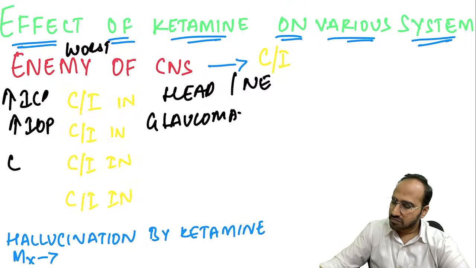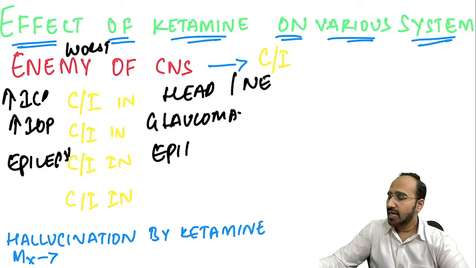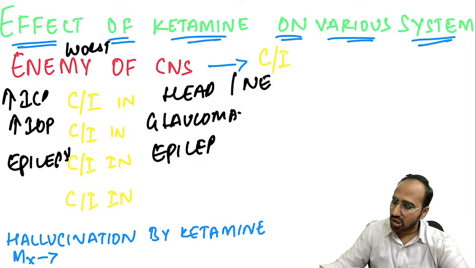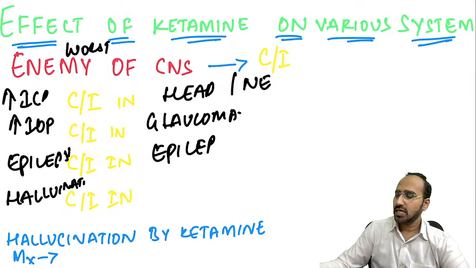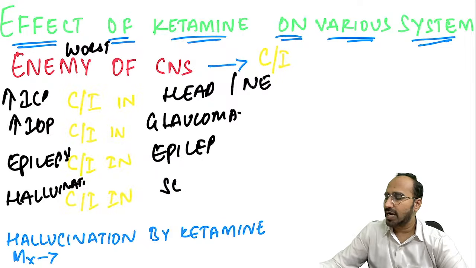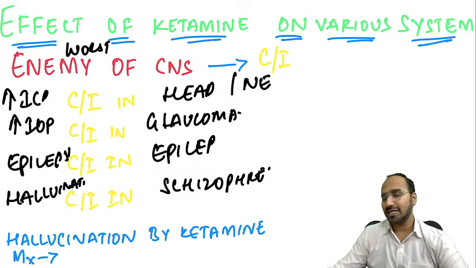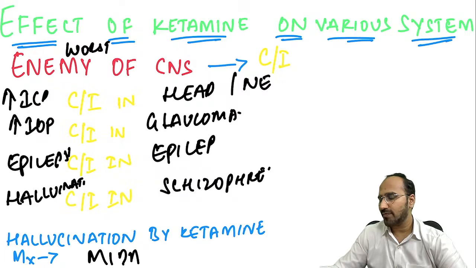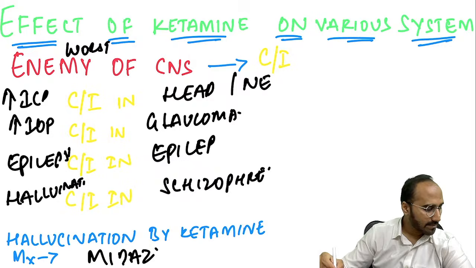Ketamine causes epilepsy, hence contraindicated in epileptic patients. Ketamine causes hallucinations, hence contraindicated in already hallucinating patients such as schizophrenia. Never give ketamine. If at all hallucination happens with ketamine, it can be easily managed with the help of midazolam, okay?